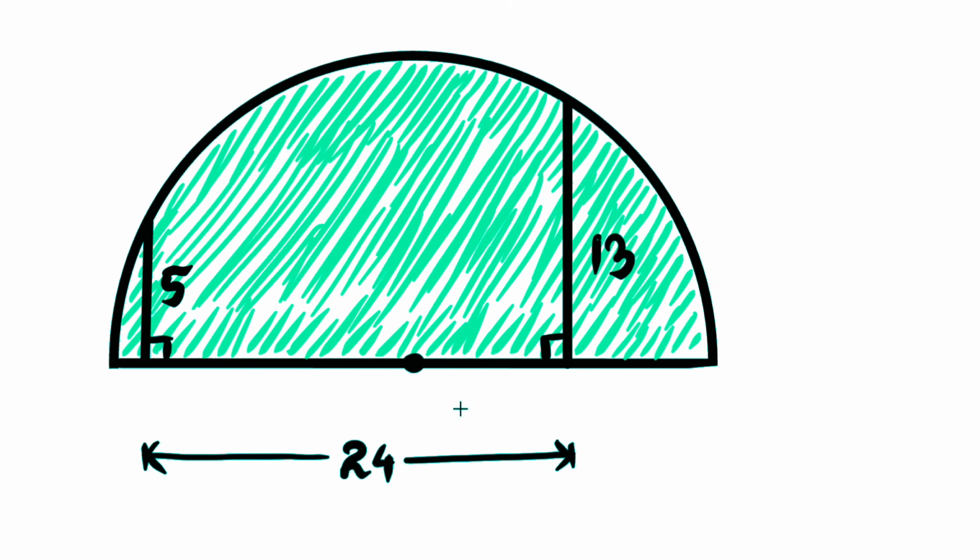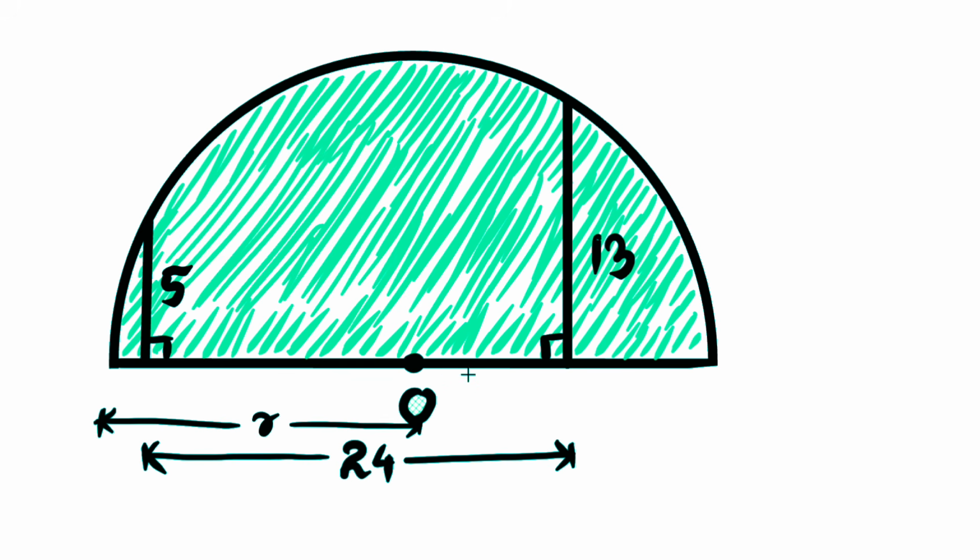So, the first thing we need is the radius, because the area of a semicircle is based directly on the radius. Let's call the center of the semicircle O, and let the radius be R. Now, we don't know exactly where O sits relative to those two vertical segments, so we introduce an unknown distance.